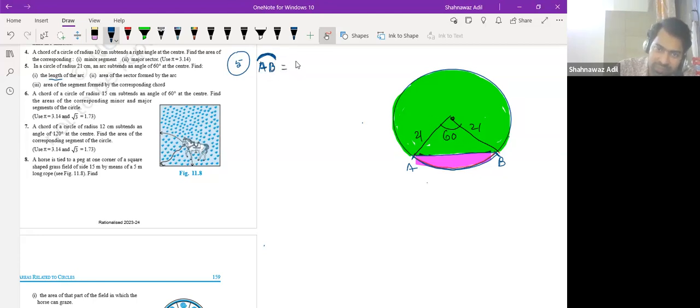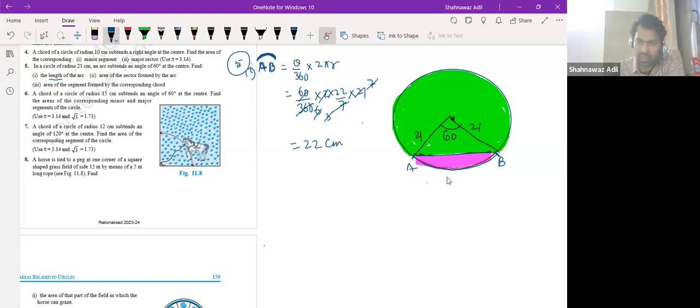This would be theta by 360 times 2 pi r. So 60 by 360, and 2 pi r is 2 times 22 by 7 times 21. So this is 3, this is 7, this is cancelled, so this is 22 centimeters. So this length is 22 centimeters.